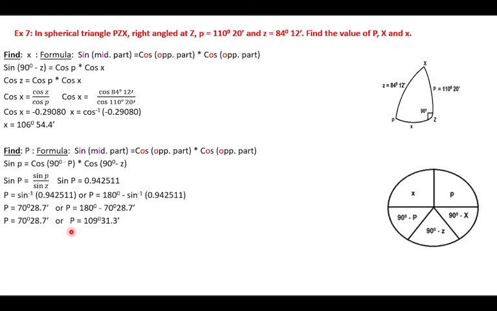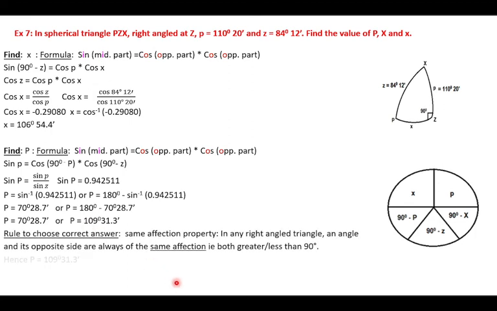To solve this ambiguity, just focus on small p. Small p is an obtuse angle, greater than 90. So capital P should be greater than 90, because the angle and opposite side should be of the same affection. If the side is obtuse, the angle should be obtuse. So by the same affection criteria, capital P should be 109 degrees 31.3 minutes, and that is the answer.